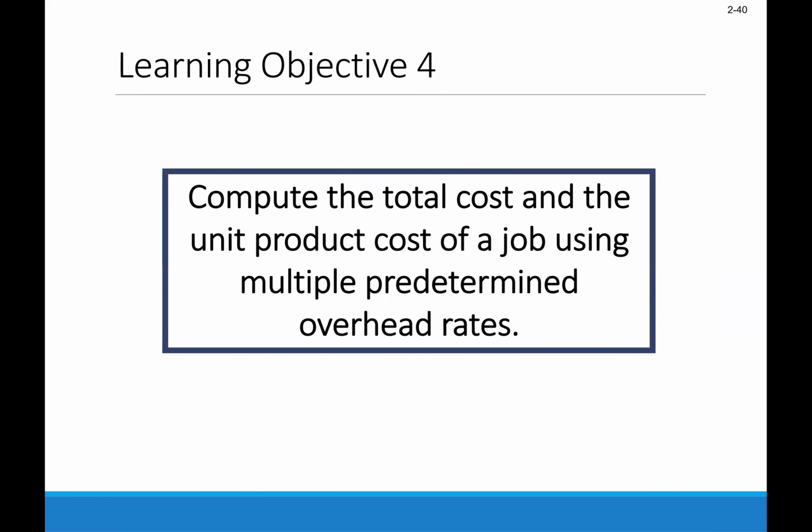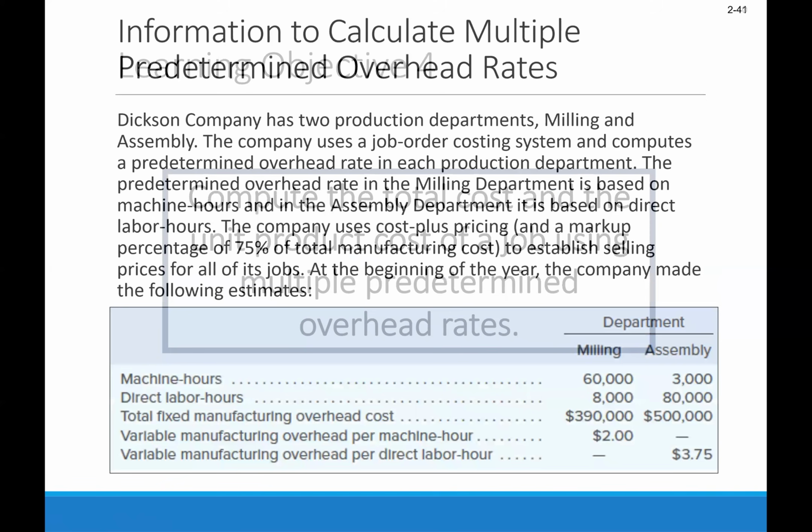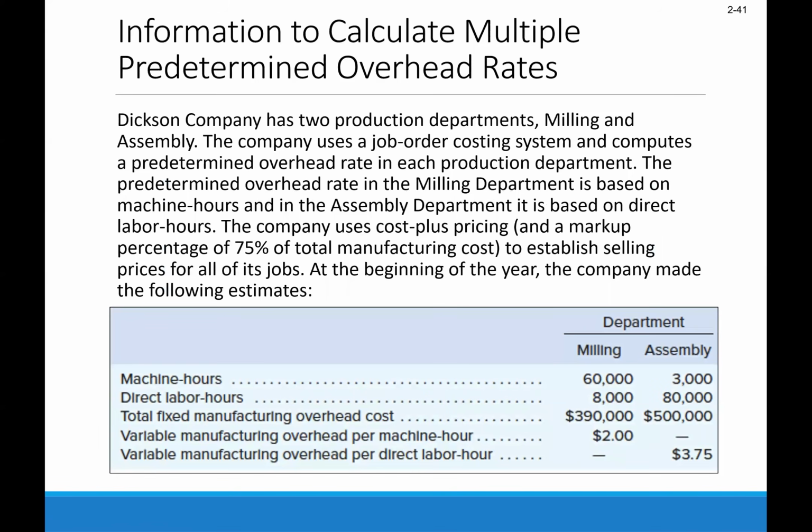Now, we are going to compute the total cost and the unit product cost of a job using multiple predetermined overhead rates. Dixon has two production departments, milling and assembly.